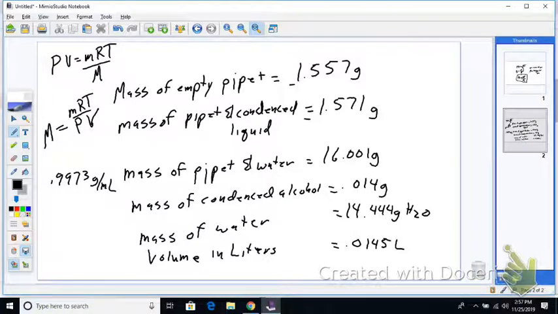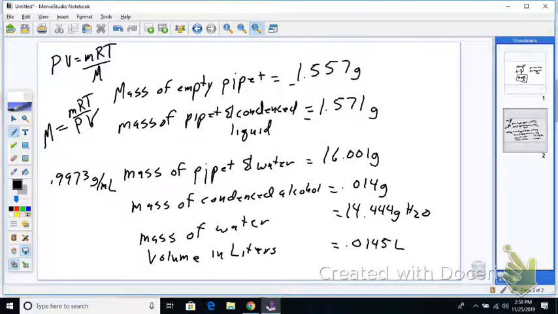So R is 62.4. The temperature can't be the room temperature water, it has to be the 99.5 because that's the temperature of the gas. So the temperature of the gas, when it's in that hot water, would be 273 plus 99.5. So go ahead and plug that in. So you've got 0.014 times 62.4 times 372.7.